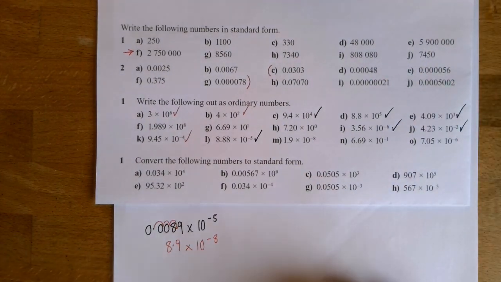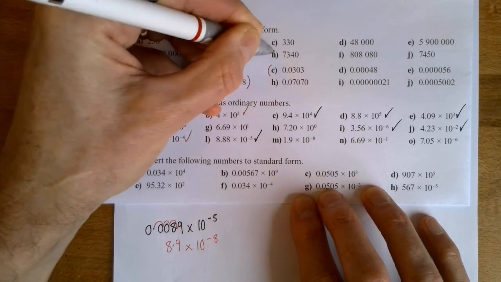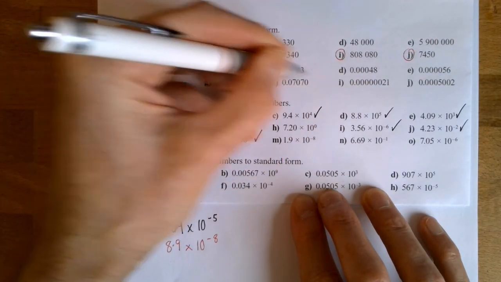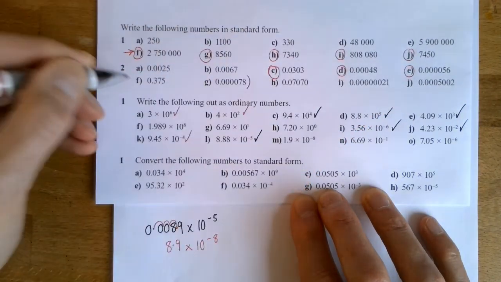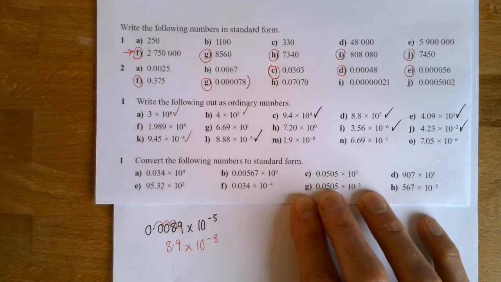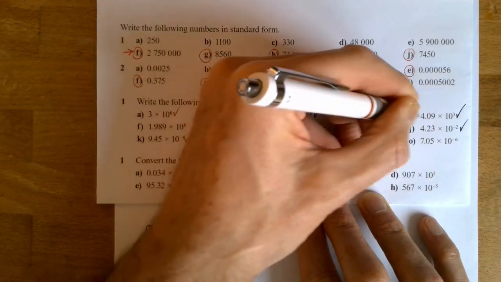So you're going to submit to me from the first question F, G, H, I and J. From the second question C, D, E, F and G. From the third, I know it's question 1, but it's the third question on the sheet, the ones I identified. There were 6, weren't there?